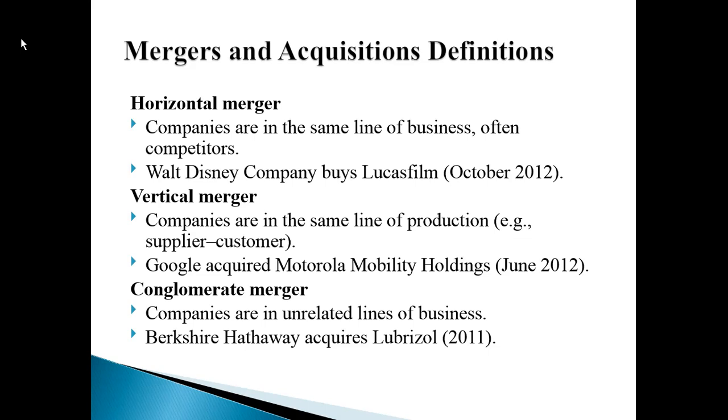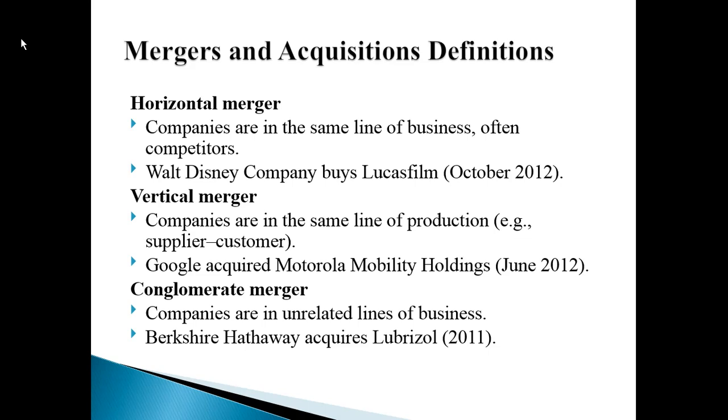And then a vertical merger, these are companies in the same line of production. Okay, when they merge and then they form one company, this is called a vertical merger. For example, a supplier and a customer.